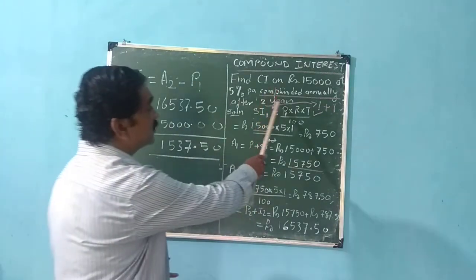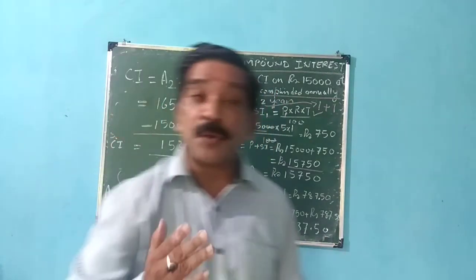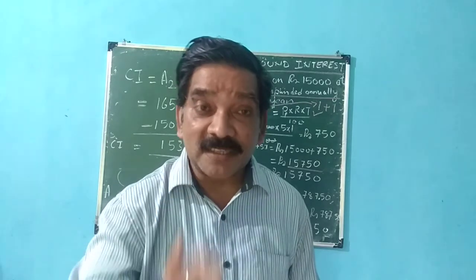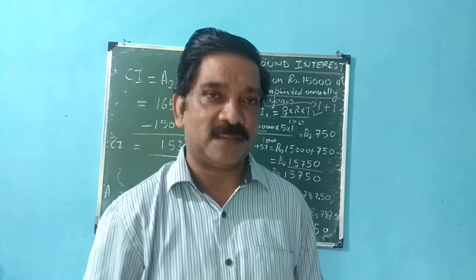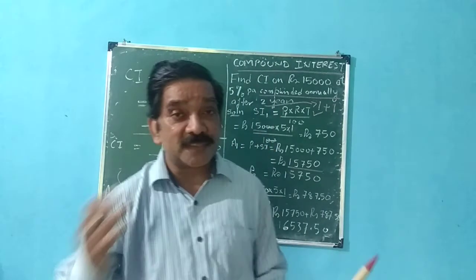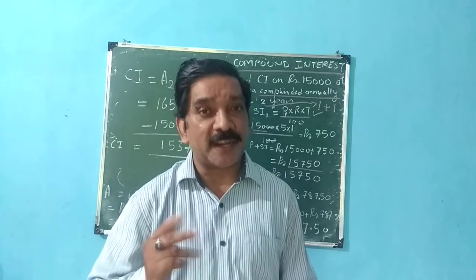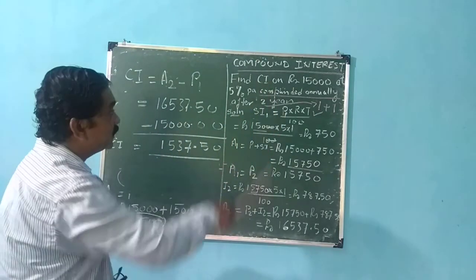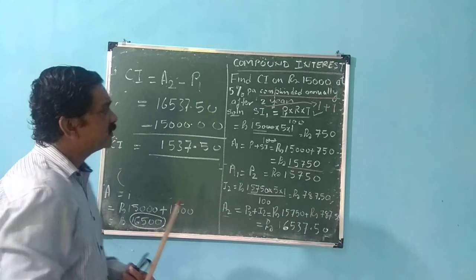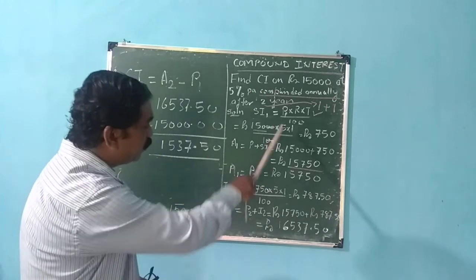Now, sometimes it is compounded annually, sometimes it is compounded quarterly, sometimes it is compounded half-yearly. If it is half-yearly, that means after every 6 months. Clear? So you see the book, see the questions and try to do this. Okay. Now, in case of compound interest, it is not necessary that we have to go by this method.